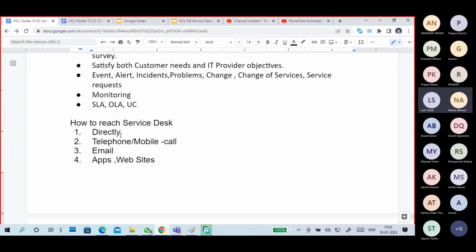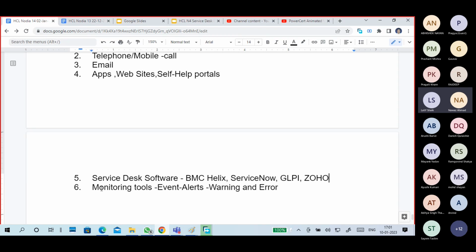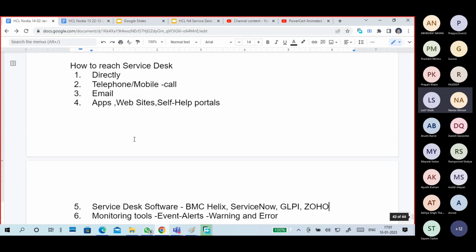Some kinds of apps, websites, self-help portals or software, and monitoring tools are also there. Here personally you are approaching either directly, by telephone, or by email. Sometimes you will get websites or self-help portals of organizations.